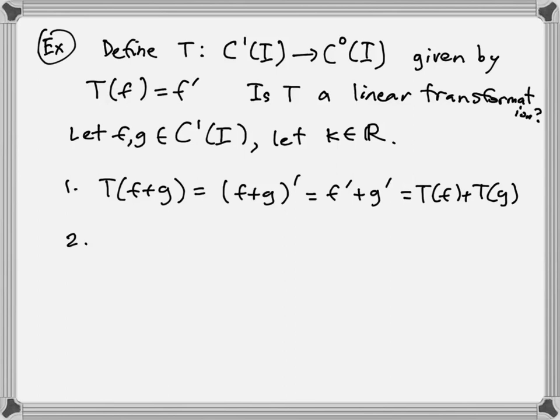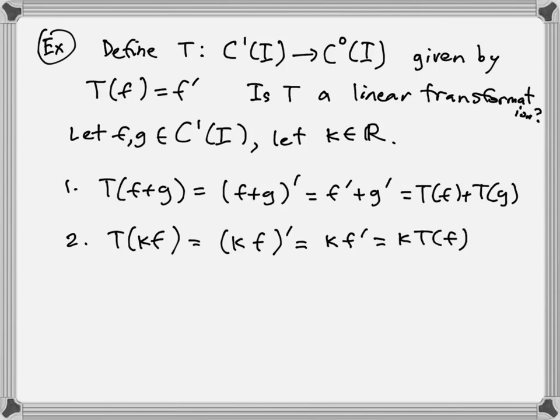Let's look at property 2. What would T of k times f be? This is equal to k times f prime. And what is the derivative of a constant times a function? We know that constants can pull out, right? So this is just k f prime, which is the same as k T of f.